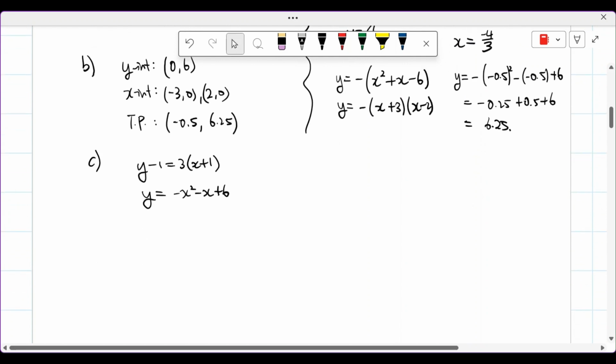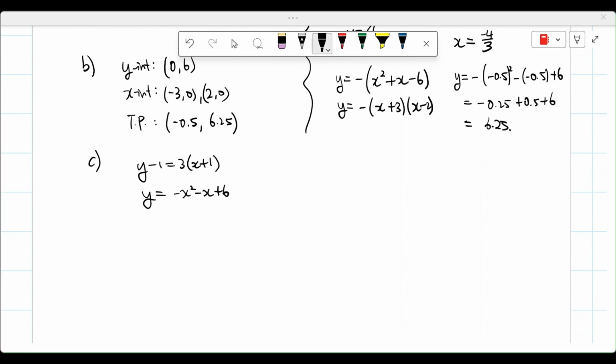There are two equations and two variables, so I can use simultaneous equations. Let's use the substitution method, which means I'm going to replace the y in the first equation with negative x squared minus x plus 6.